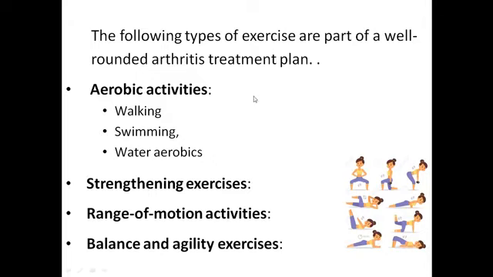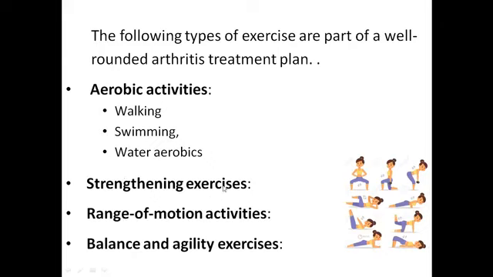The following types of exercise are part of a well-rounded arthritis treatment plan. Aerobic activities, which can be done by any affected person: walking, swimming, water aerobics. These are common activities that can be done by the affected person.